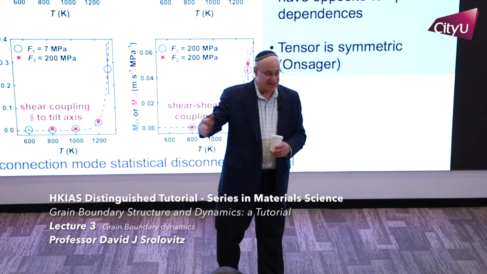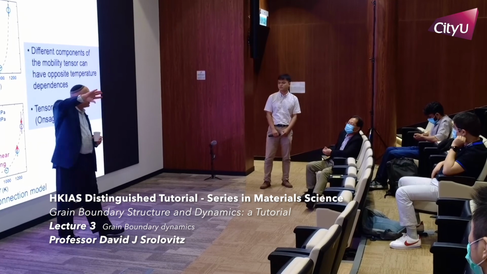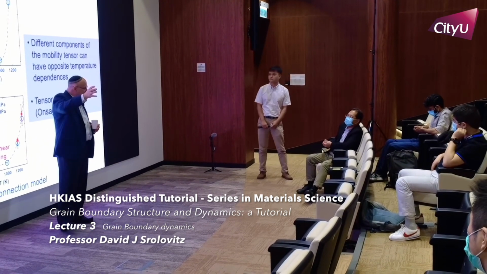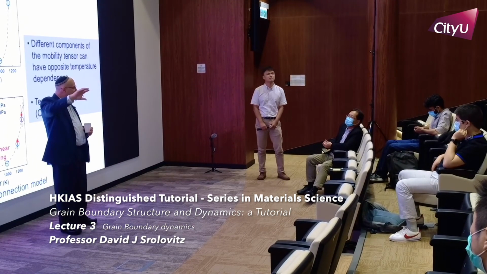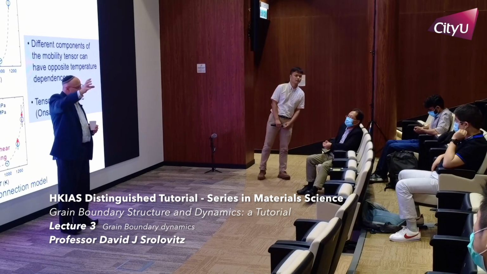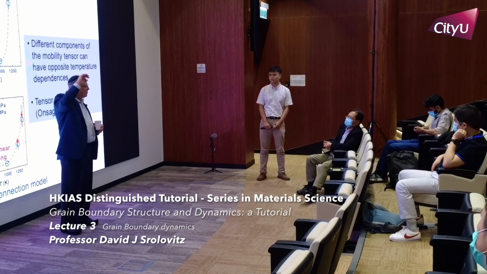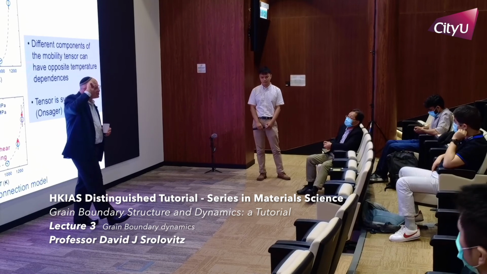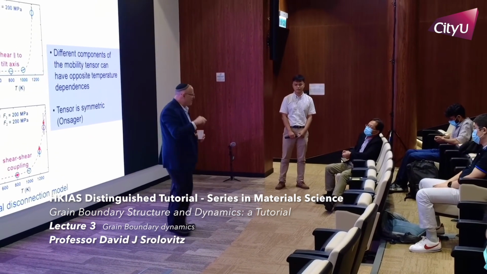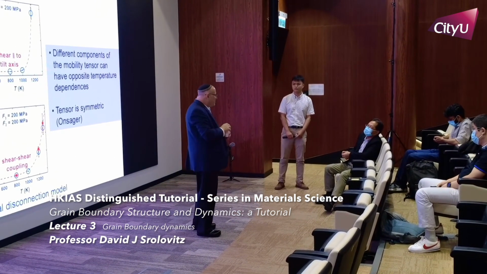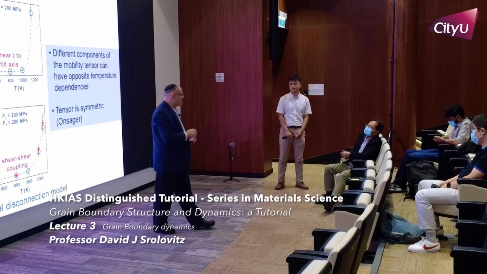For example, the one I just mentioned, understanding how grains rotate and how you get the competition between rotation and motion. All these things are coupled, because if you try to look at any individual grain boundary, you really can't say much of anything, because it's going to depend on what the constraint is.